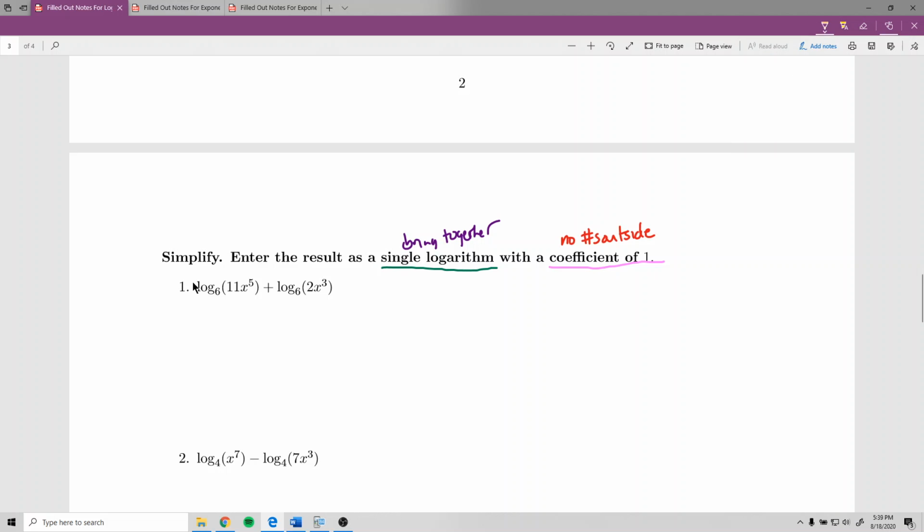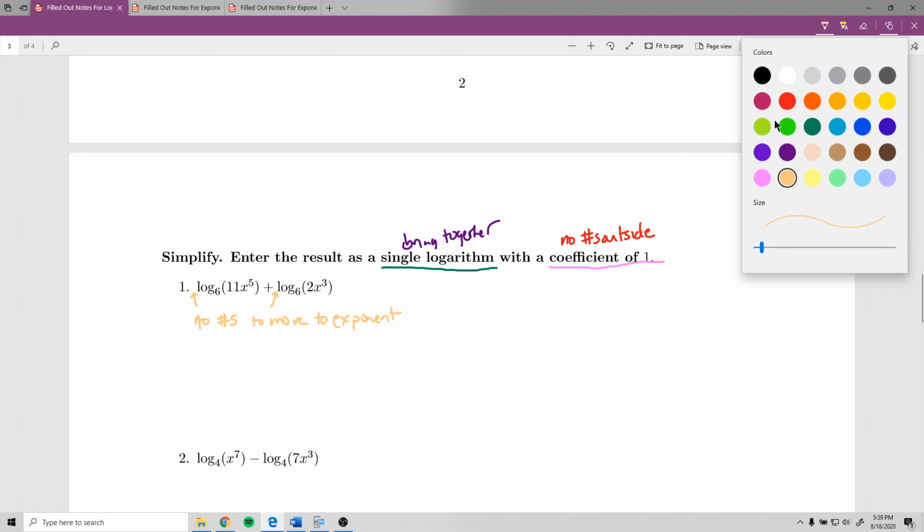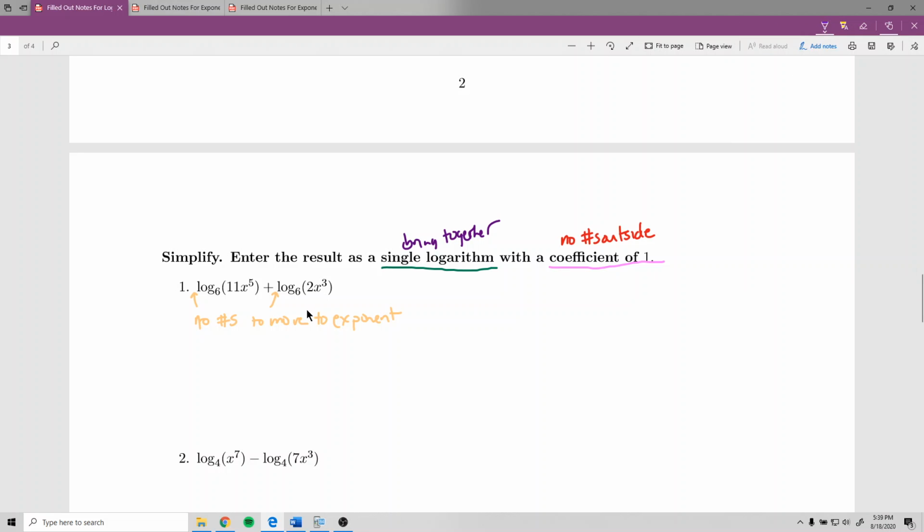Now for the first one, you'll notice that there are no numbers, just ones in front of the logs. So there are no numbers to move to the exponents, and that means we can combine already. We can combine right away. Since we have addition here, addition outside becomes multiplication inside.